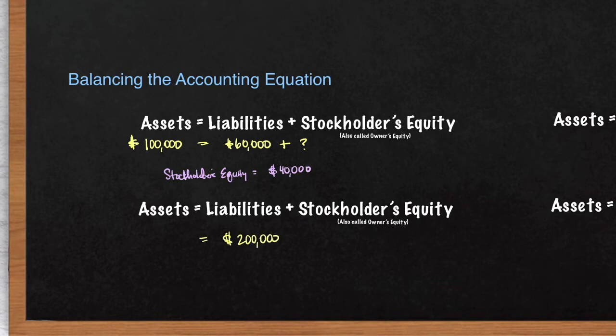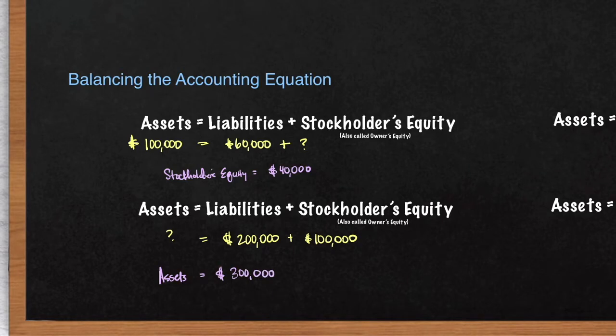Let's do another example. Let's say what you owe, or liabilities, is 200,000, and stockholders' equity, also known as owner's equity, by the way, is 100,000. Then the question would ask, what are the assets? The assets equals liabilities plus stockholders' equity. So 300,000 is your assets because 200 plus 100 is 300,000.